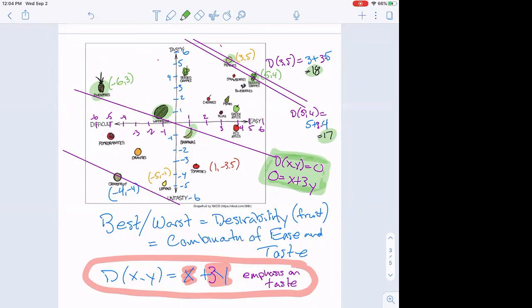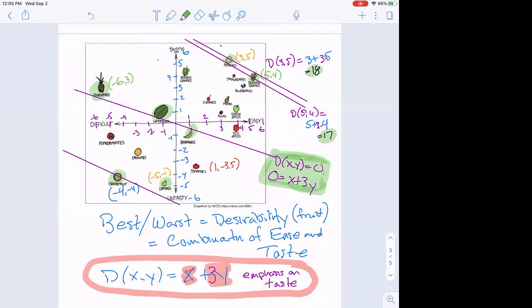So in this case, as an example, grapefruit is now worse, quote unquote, than lemons, because it's just a little bit better tasting, but it's a lot more work, a lot more difficult. And so in that combination, grapefruit is less desirable than the lemons.